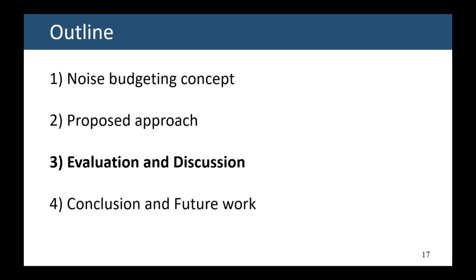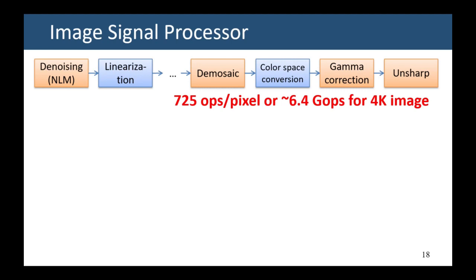Next, I would like to give you the evaluation and discussion about the approach. For the application for evaluation, we evaluate our approach in the context of the scalability issue for word-length optimization. We choose the image signal processor application for the experiment.